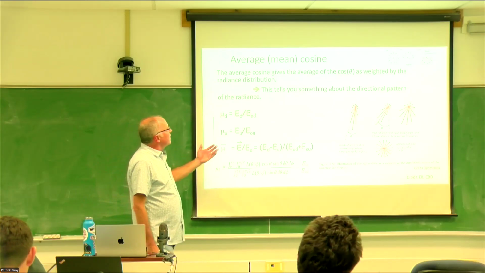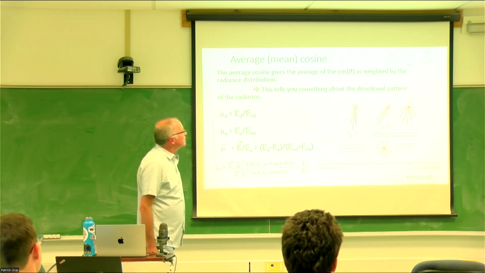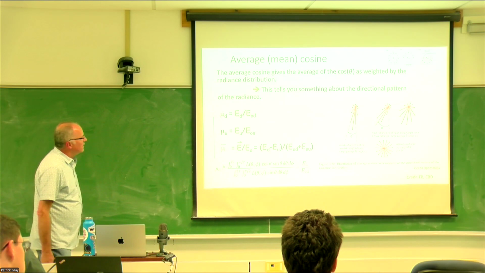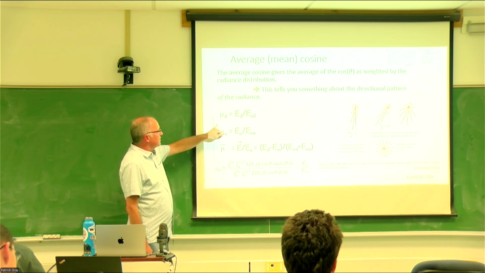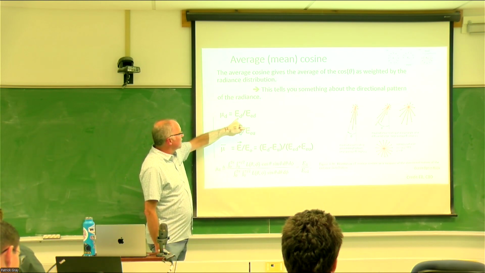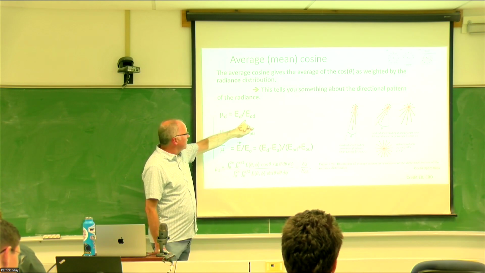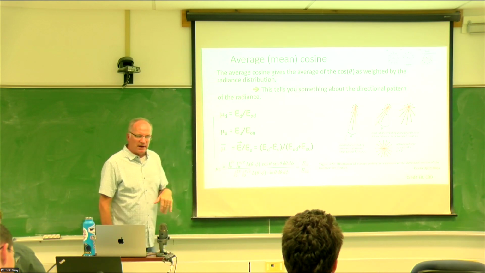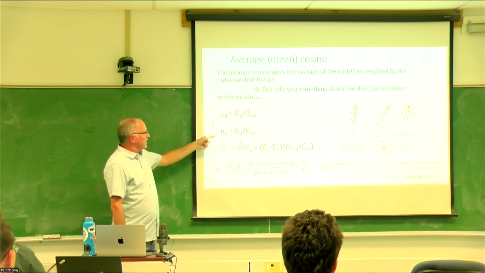All right, here's another AOP called the average cosine. These are the definitions. If you think back to the definition, this is the planar irradiance in the downwelling divided by the scalar irradiance in the downwelling. You can do the same thing for the upwelling.